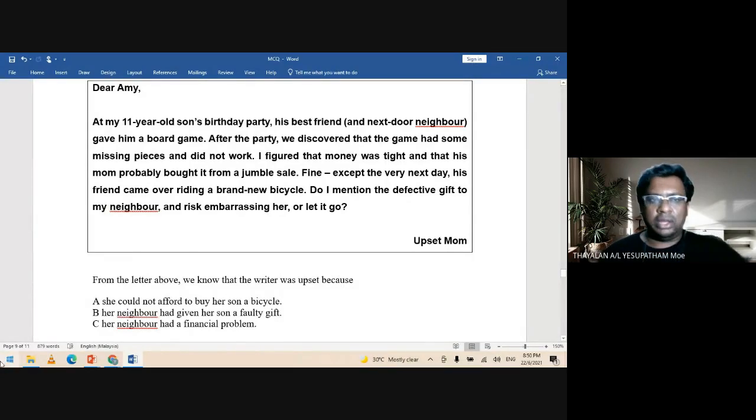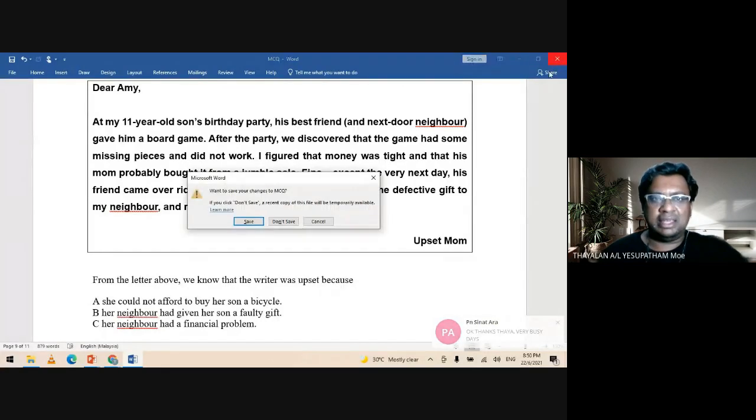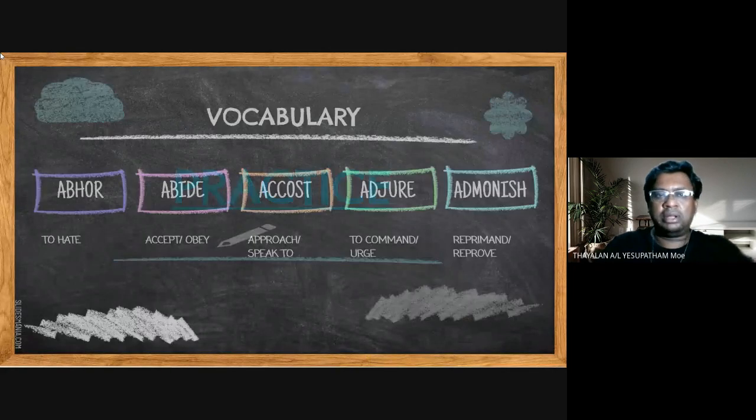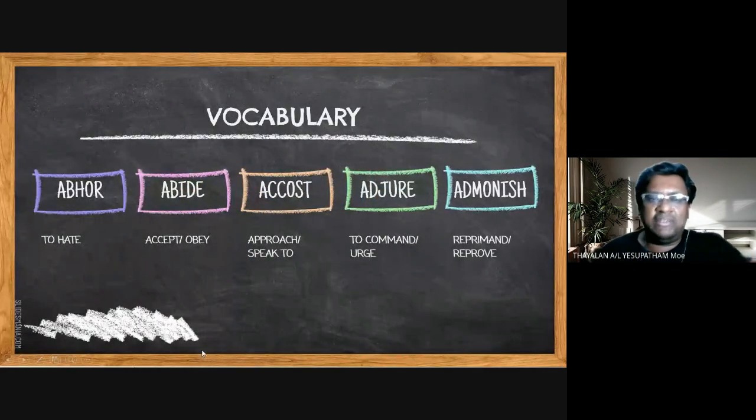All right. Now, we have done quite a lot of exercises for today. So, I would end this here. And I would want you to take down this one. Every day, I'll be giving you 5 new words. All these words are verbs.